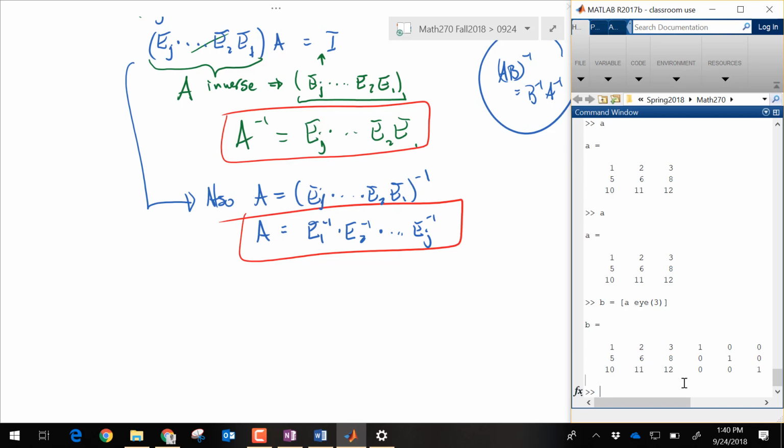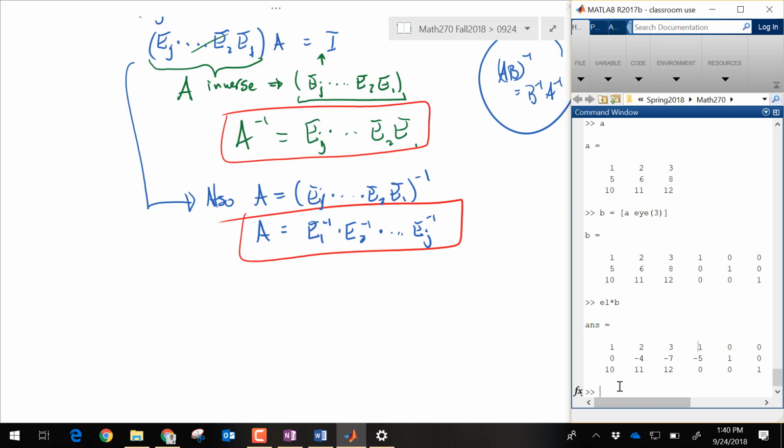let's take a look at E1 times B. If you look at E1 times B and you look at the last three columns, you'll see that that's just E1, right?